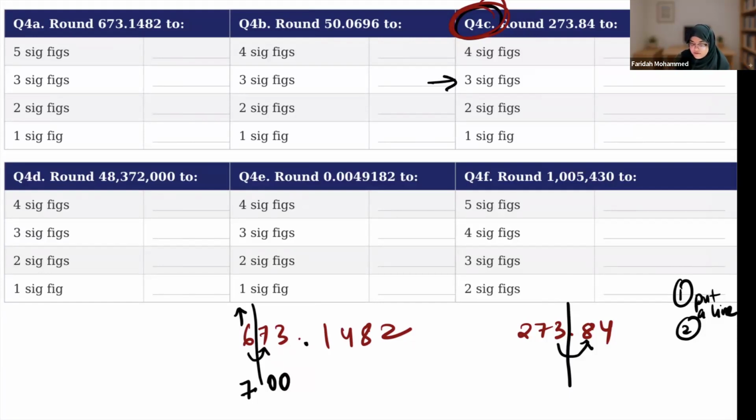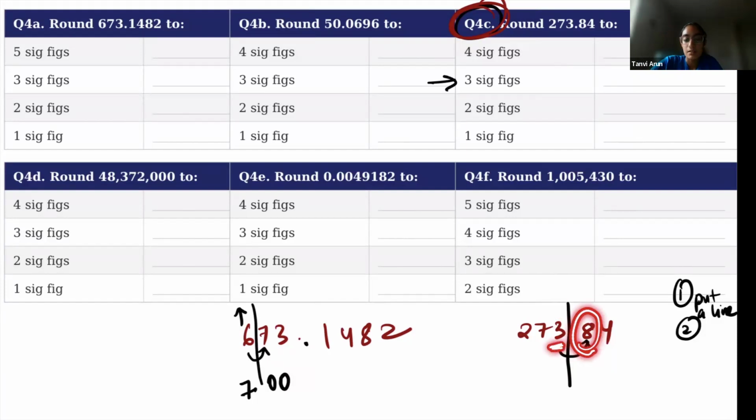So what is the next number, Tanvi? 8. Why do we need to look at the next number? We need to see whether it's 5 or above. If the next number is 5 or above, the 3 is going to go up. So is the 8 5 and above or no? Yes.